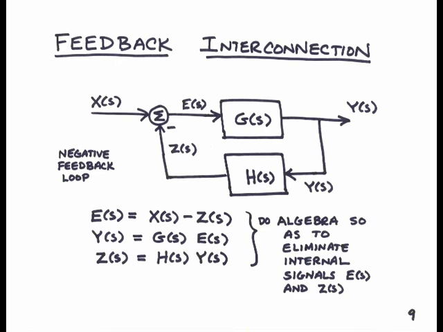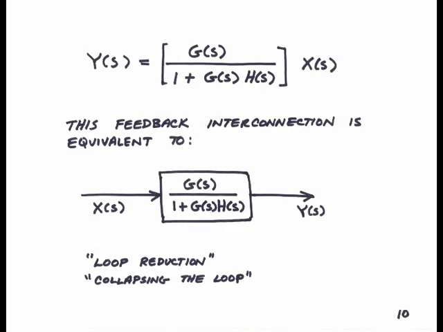We can now do algebra on these three equations to eliminate the internal signals E(s) and Z(s). This will give us the relationship between Y(s) and the input X(s). After performing this algebra, we find that the transfer function between input X(s) and output Y(s) is G(s) over 1 plus G(s) times H(s).